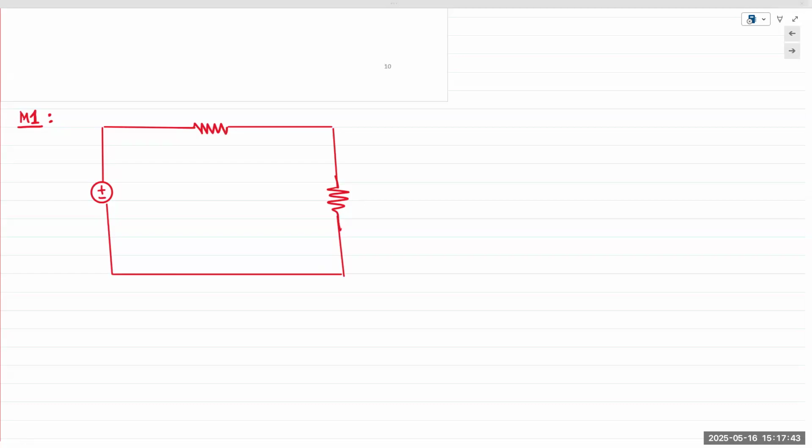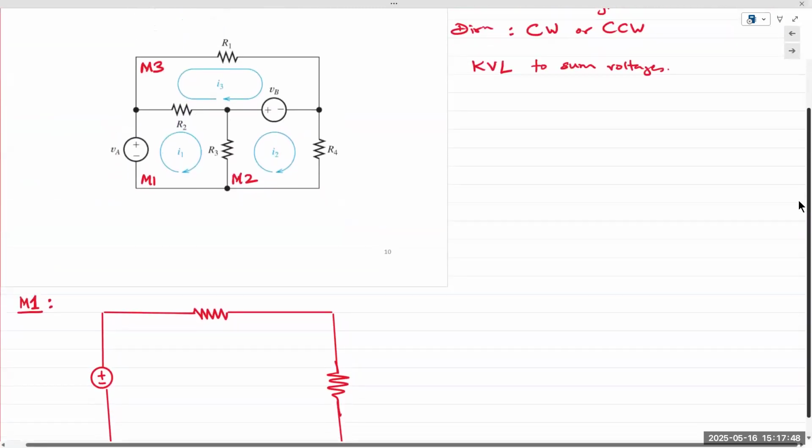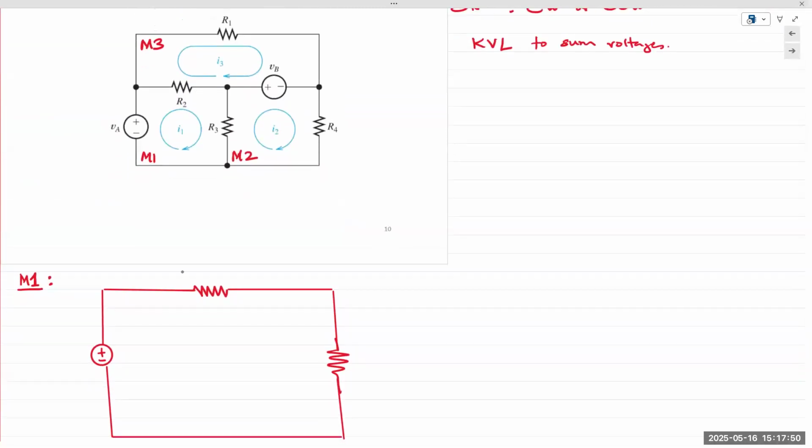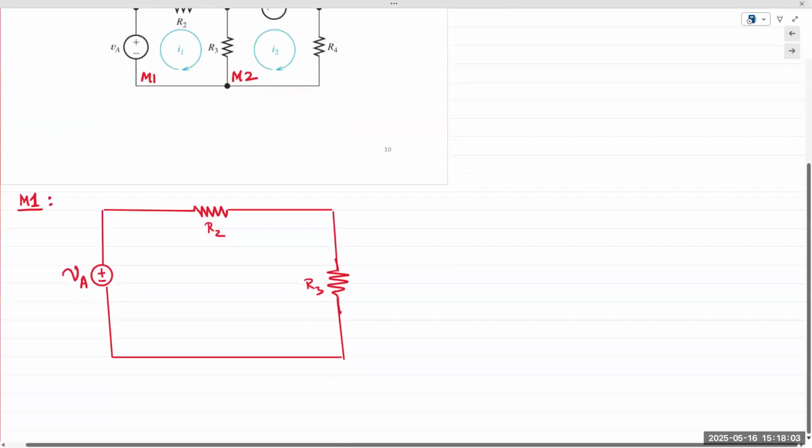Now, that's R2, and that's R3, and that's VA, right?